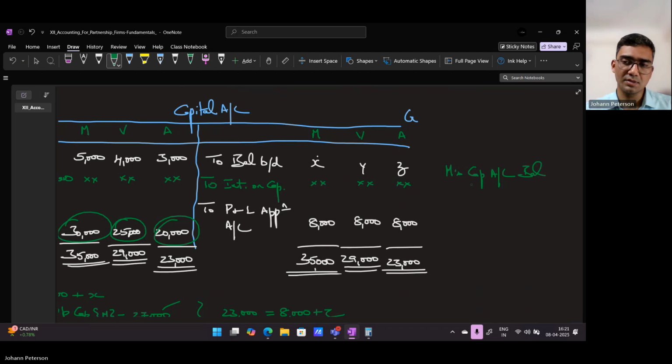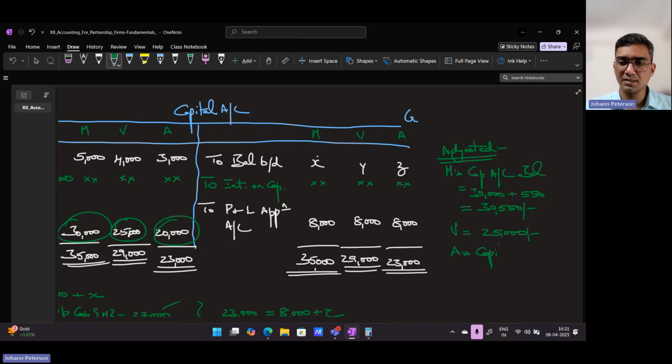Now, that means the adjusted balances. M's capital account balance will be 30,000 plus 550 because we are crediting it over there. So it will be 30,550. Then V's will remain the same, so V's will be 25,000, and A's would reduce.